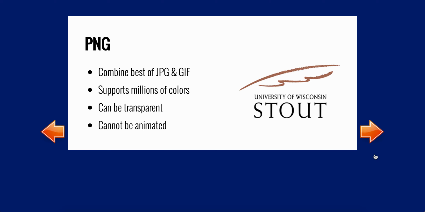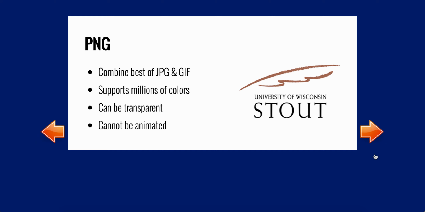The final is a PNG file. This is probably the newest file type that's available, and it really combines the best of both JPEGs and GIFs. Like a JPEG, it can support millions of colors, and it can be made transparent. We can use complex images, and you can do things where you use gradients or fade outs or blurs, and you can overlay them over other colors because they can be made transparent.